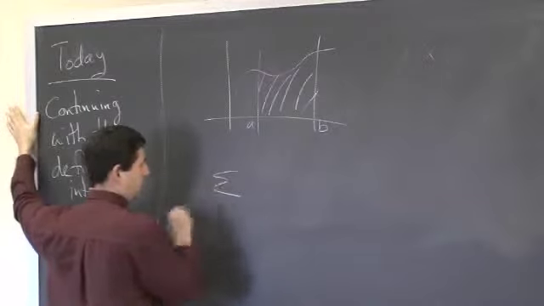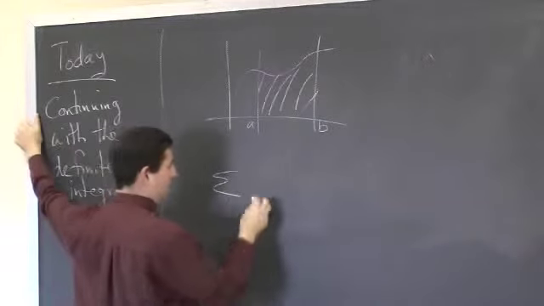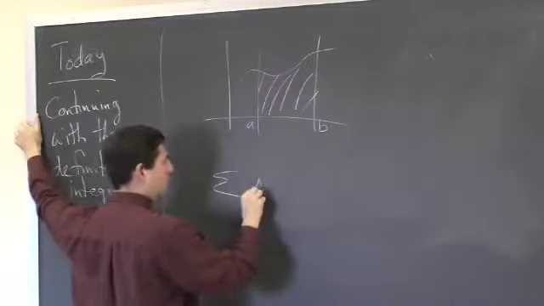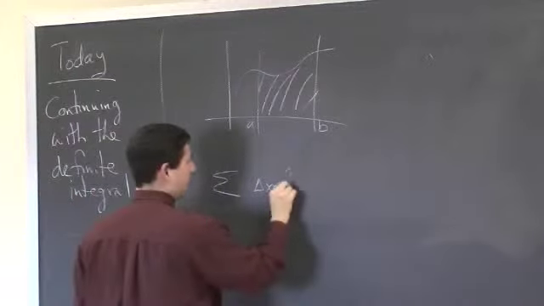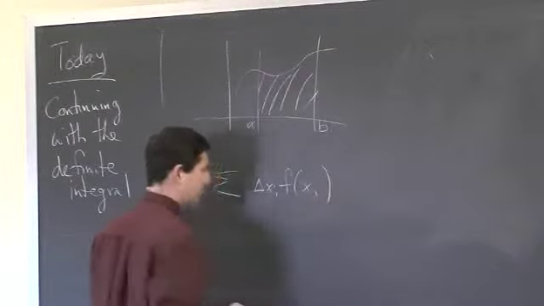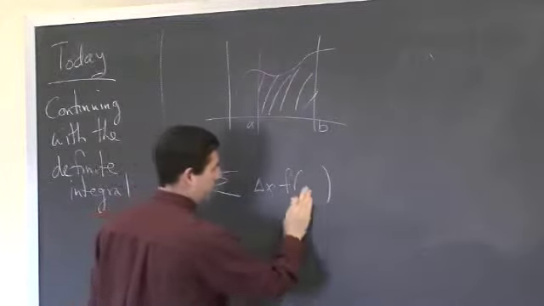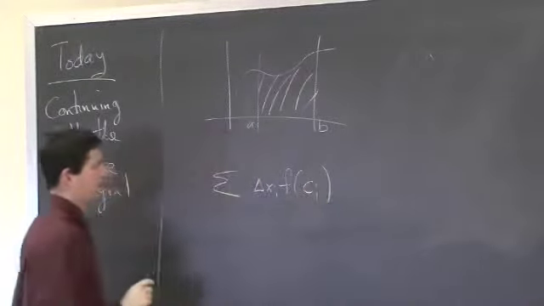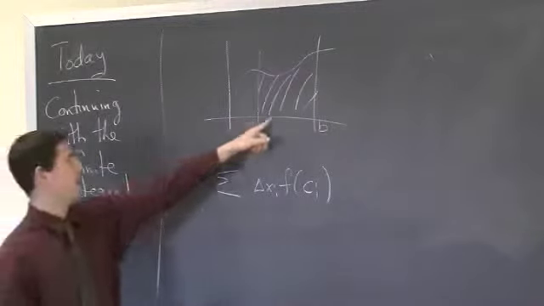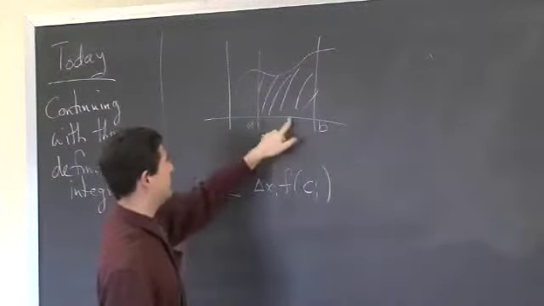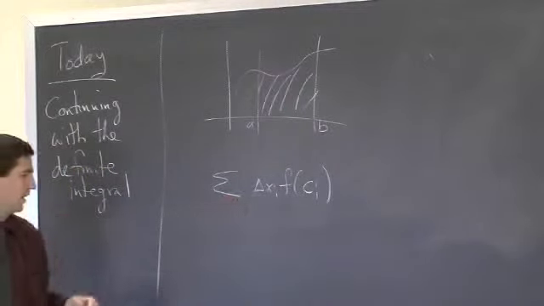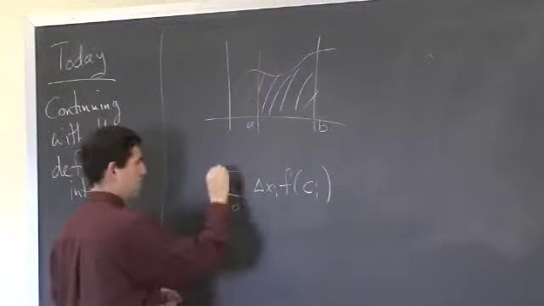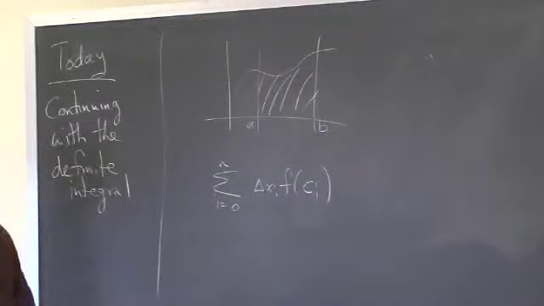When we did that, we add up all the areas, and these areas look like the width of a bunch of rectangles times the height. Actually we chose some c. So we divide it up in little intervals. We choose c's in the middle of each of these little intervals, and we add these things up. And we start with n of them. And this gives us an approximation of the area.